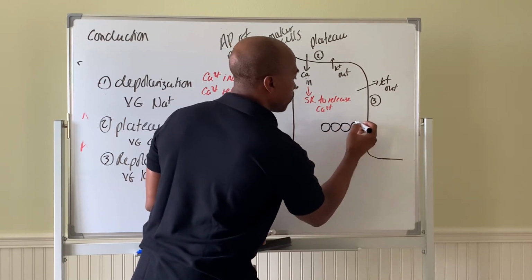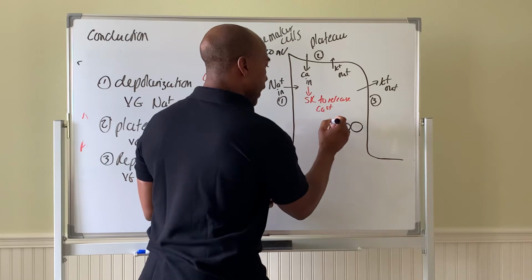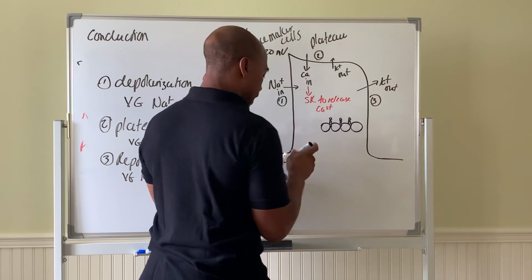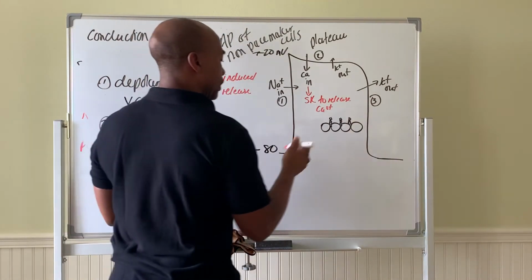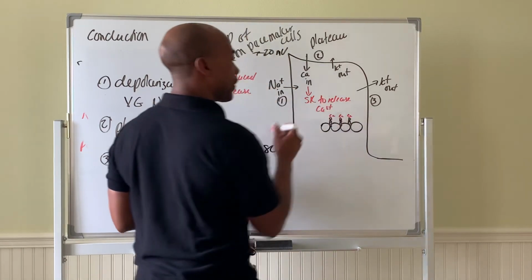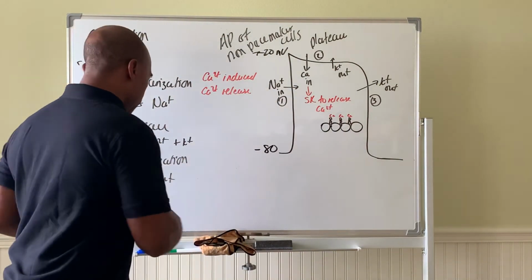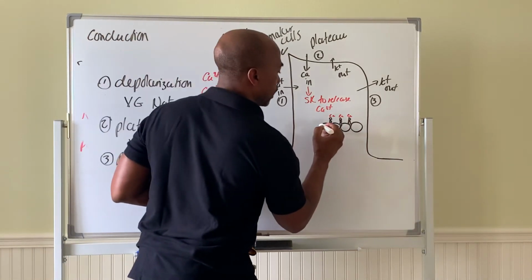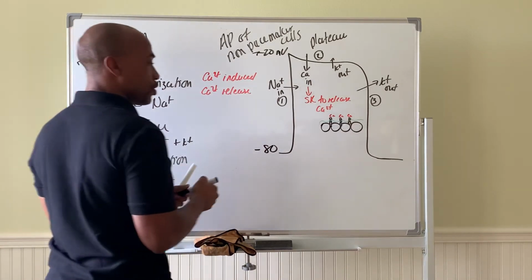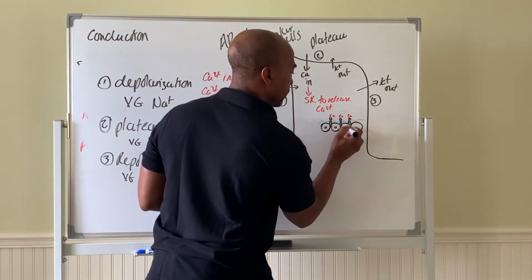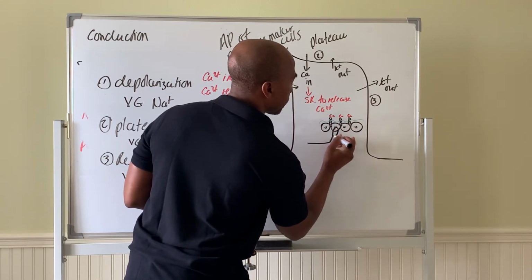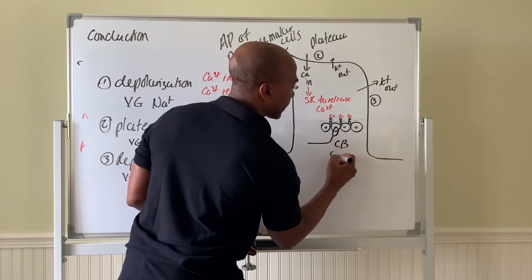As you recall from cross-bridge cycling, you have your troponin here. Okay. So that troponin will bind to the calcium that's being released from the SR, and that will pull away the tropomyosin out of the way, like so, and that will expose your actin binding sites to myosin for cross-bridge cycling to occur.